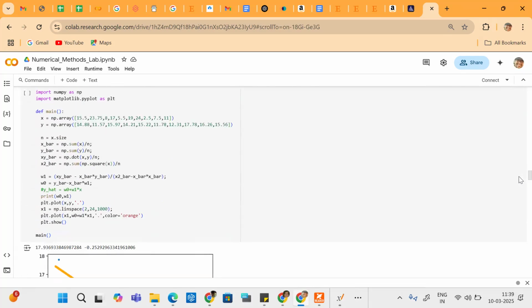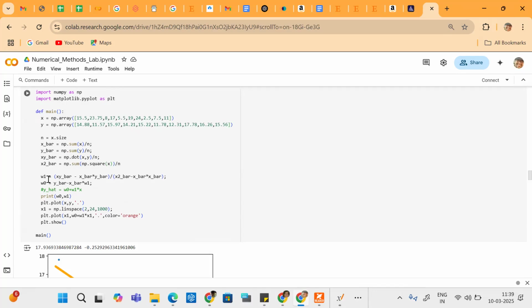Yes, so this is what it is. You can see the data set I have here, the X data set and the Y data set, all in fractions. What we are doing here is computing whatever you computed just now: X bar, the mean of X, the mean of Y, the mean of XY, and the mean of X square.